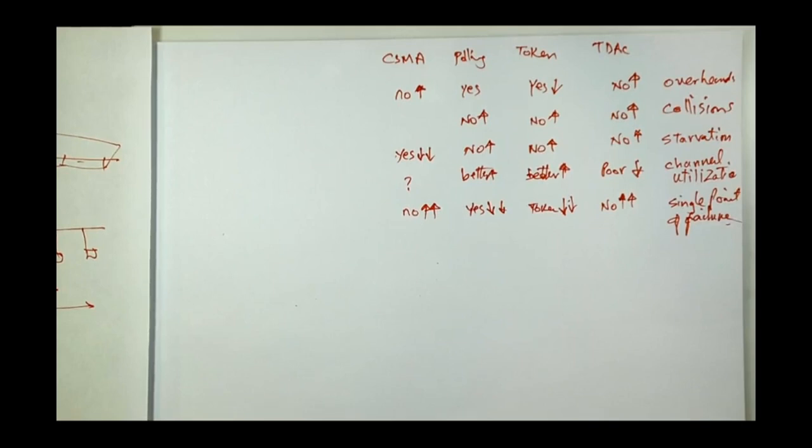Are there collisions? Is it possible to have collisions here? If 2 machines get the request from their users to transmit, and they both listen to the channel, and they both at the same time find that the channel is free, then they say, great, channel's free. They both start transmitting at the same time.